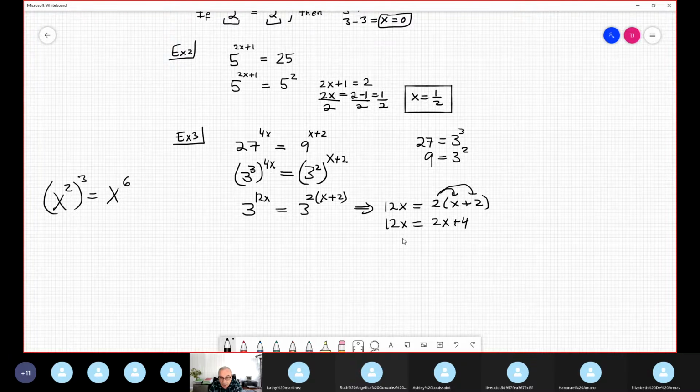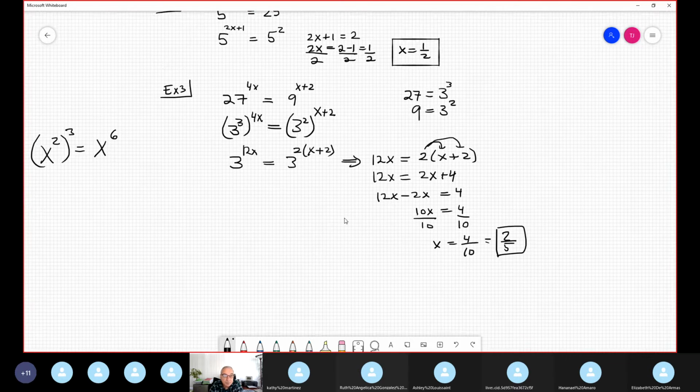You try to solve for x. 12x minus 2x equals 4. It's 10x, equal to 4, divided by 10. And finally, you reduce to the lowest terms because it's divisible by 2, it's an even number, 2/5. That's the final answer.